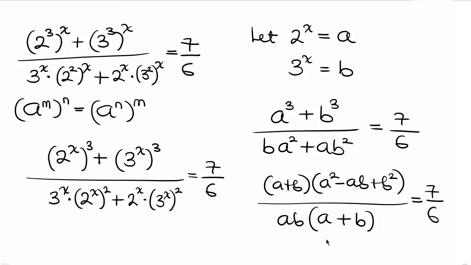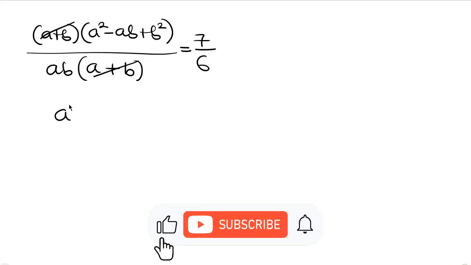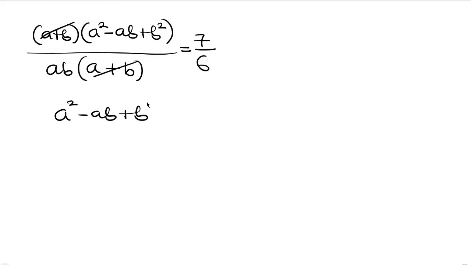Very good. And now simplifying further, a plus b cancels out a plus b, so that we have a squared minus ab plus b squared all over the denominator, ab, to be equal to 7 all over 6. Very good. Now our next step will be for us to separate the fraction.